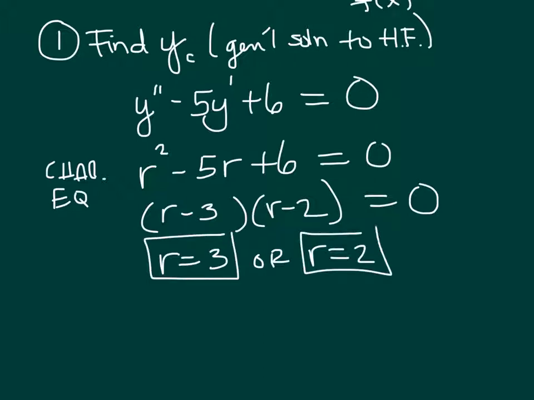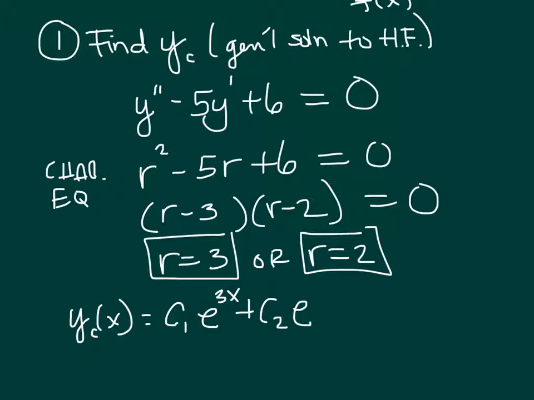So notice we get two distinct real roots, and our y sub c of x, the general solution to this homogeneous equation, is the linear combination c1 e to the 3x plus c2 e to the 2x. It's a linear combination of both exponential functions.